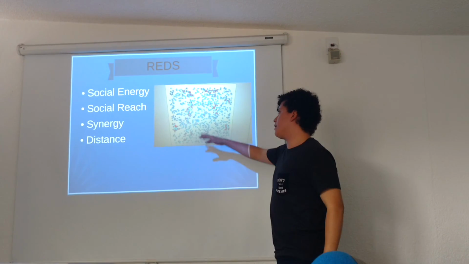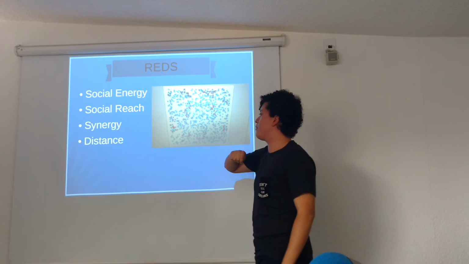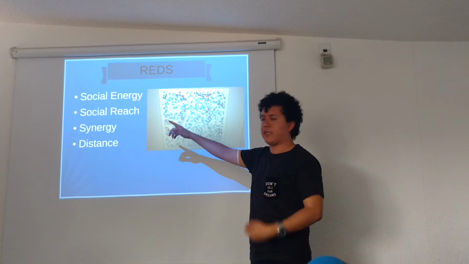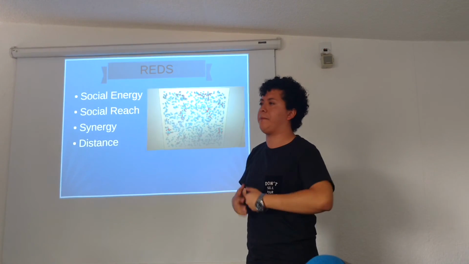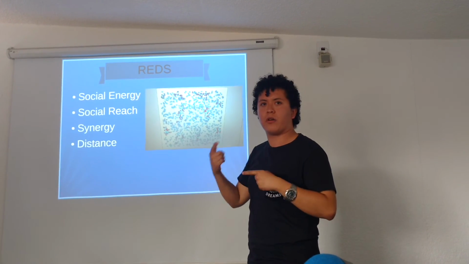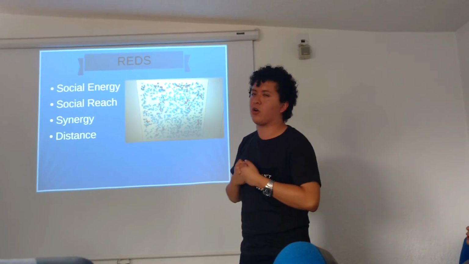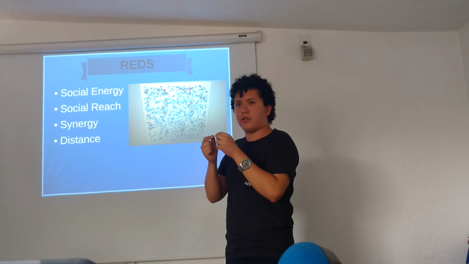This model has four principal features: the social energy, the social reach, the synergy, and the distance. The social energy is the energy for making connections between agents. The social reach is a constraint or a limit for making the connections.